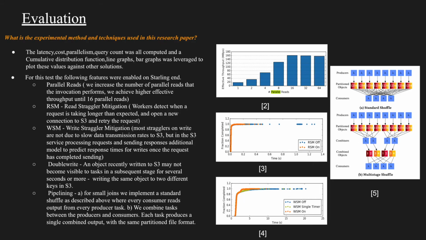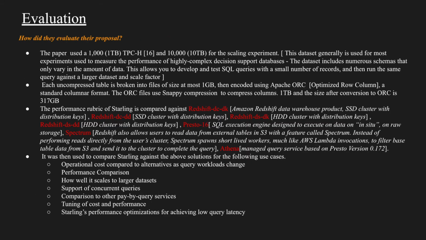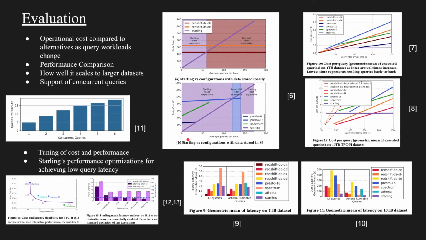Okay. So if we use all these optimizations to compete against the cloud vendors, we'll see that from a cost perspective, this is Starling's cost and this is the Redshift cost. You can clearly see that the cost is very low.